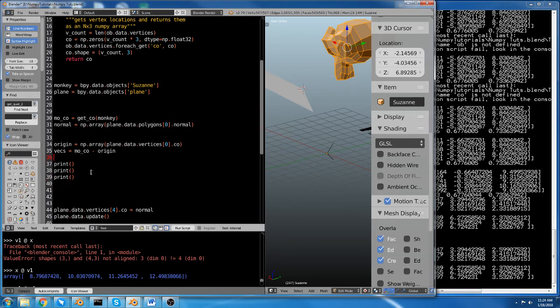Okay, so now we start with the multidimensional array, vex at normal, and we're going to say dot equals vex at normal. So now if we print dot, this is dot, the dot product.